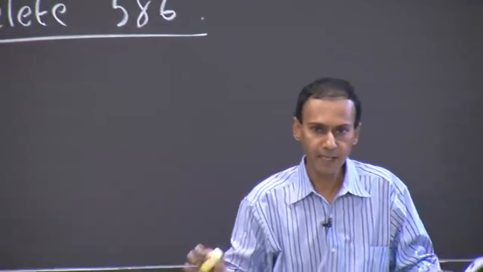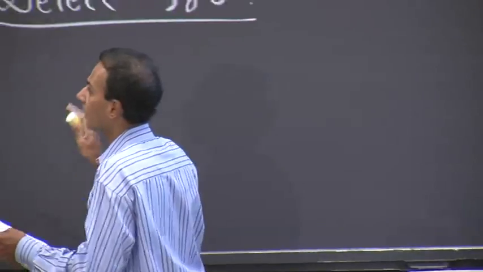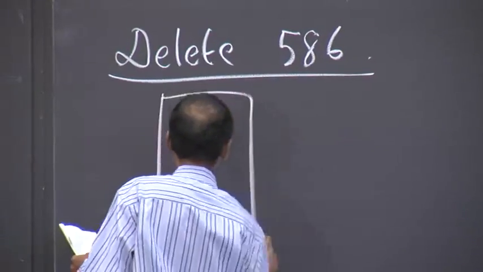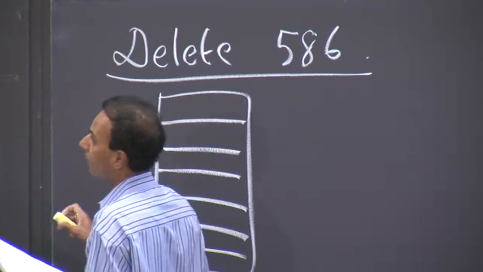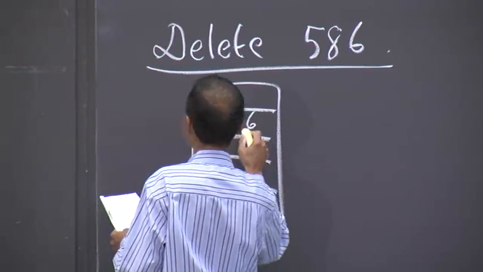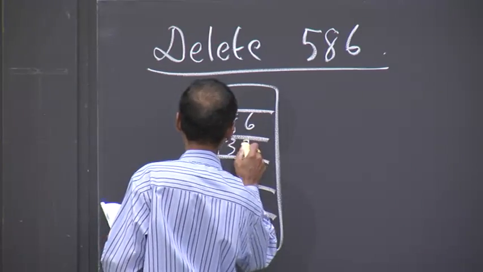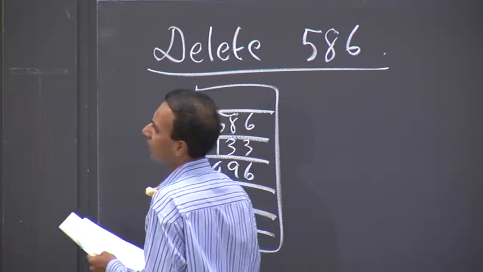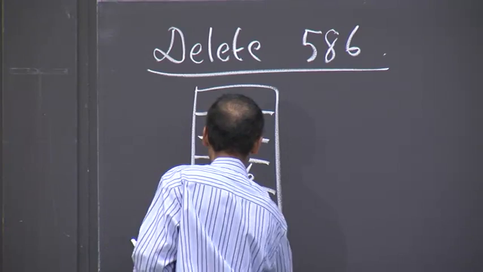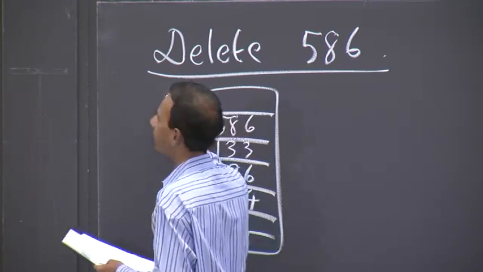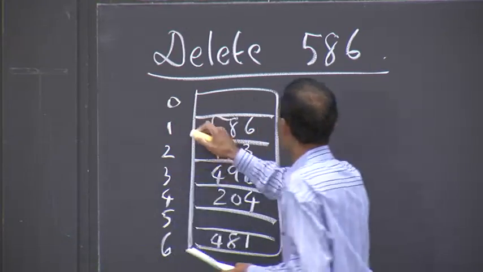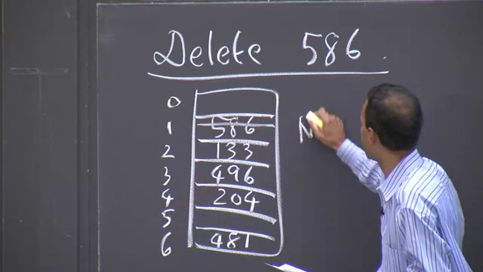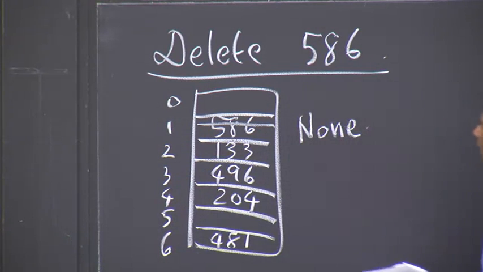So what I end up with is 586, 133, 496, and then 204, and then 481, at slots 0, 1, 2, etc. So I'm deleting 586, and let's say I replace it with none.